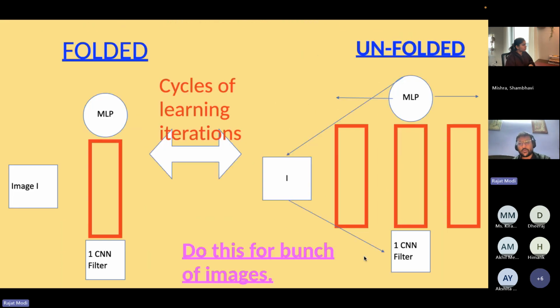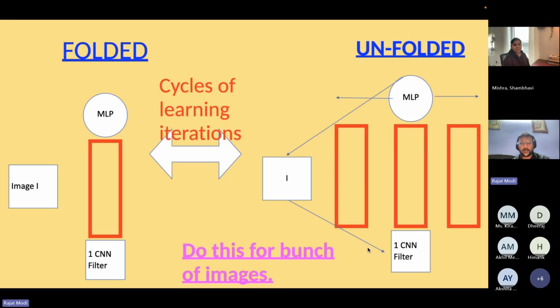So now the key point is, how do you train this network? The way you train this network is that you start from a folded state. At that time, you just have one CNN filter, one MLP, and one image, and then you expand it. So there are 3 such queries, and you feed the input image through the CNN filter. You have height times width locations, and you're trying to predict the image again. You're trying to make the MLP reconstruct the image back.